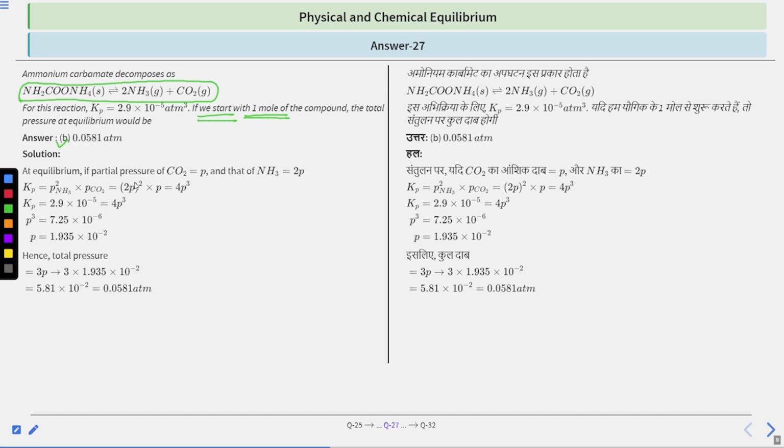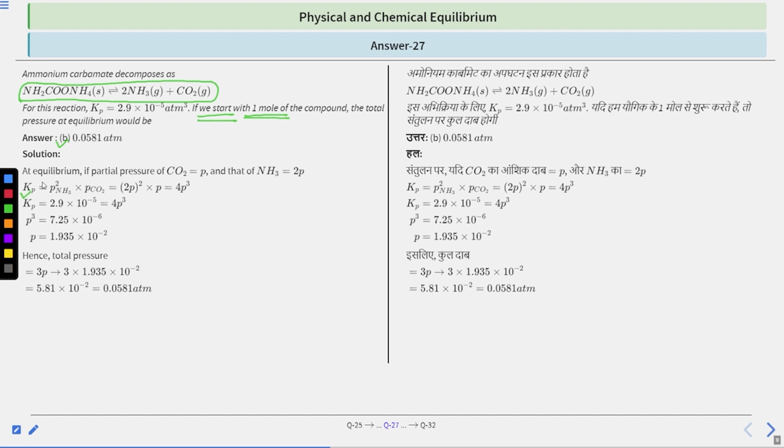But if we talk about the partial pressures of these products, at equilibrium the partial pressure of CO2 will become P, and the partial pressure of NH3 will become 2P.